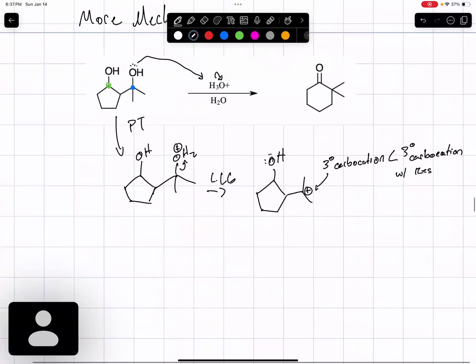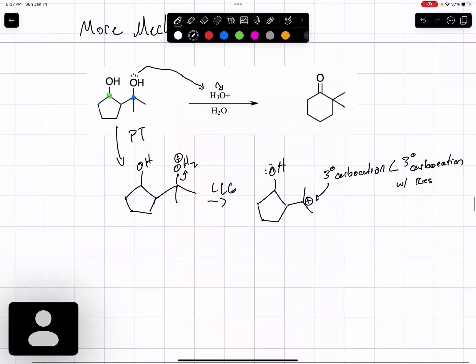Oh, I originally drew this wrong. It doesn't matter though. I can fix this. Because what I drew isn't what I had intended to do. These two were supposed to be on the same carbon. Okay. You could do this.